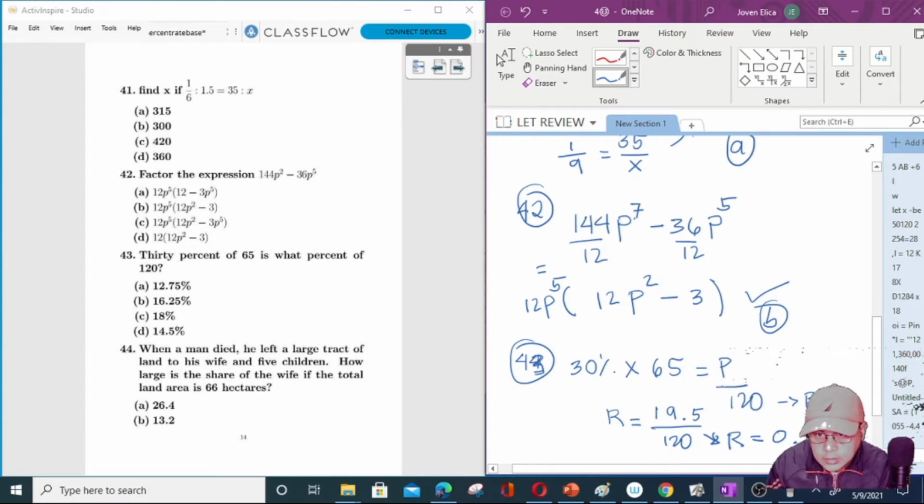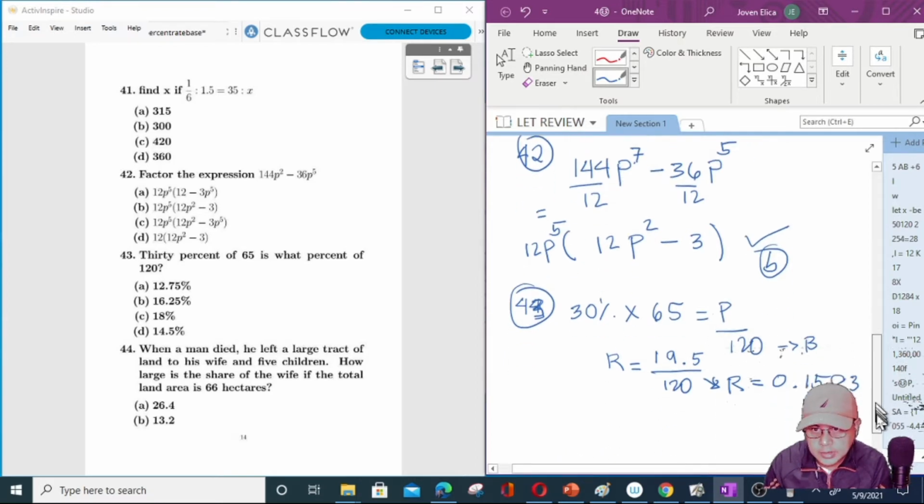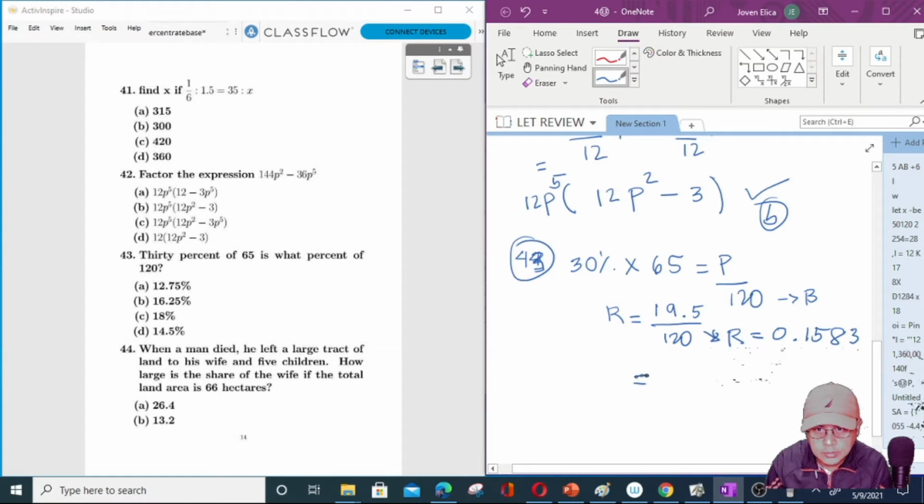Zero point 1.583 actually. Okay, so if you're going to translate this into percentage, our R is equal to 15.8, which is approximately equal to 16%.